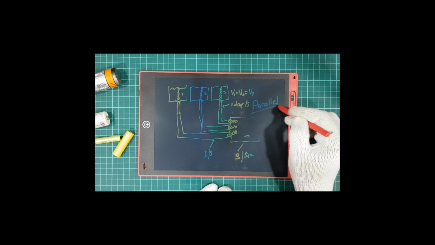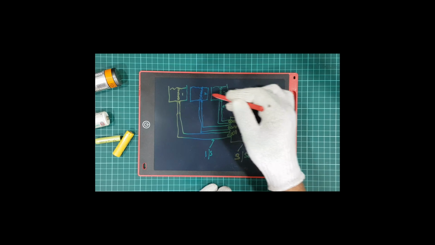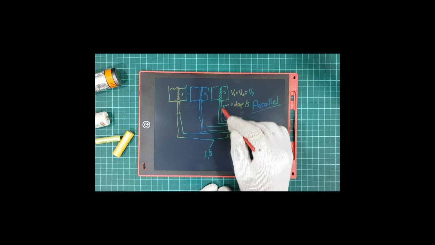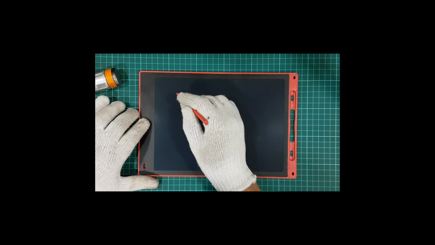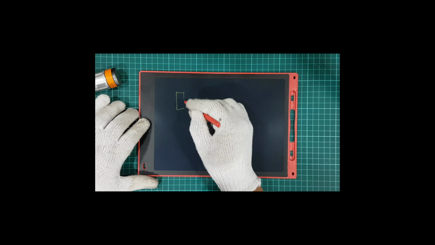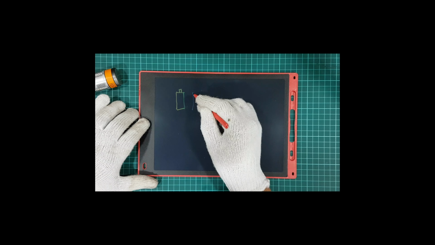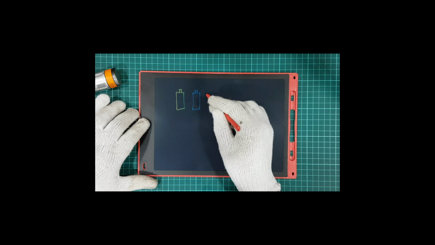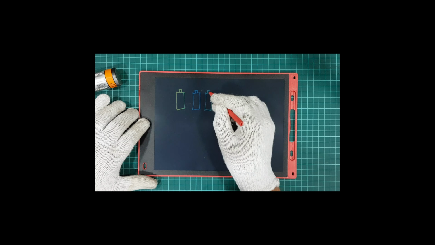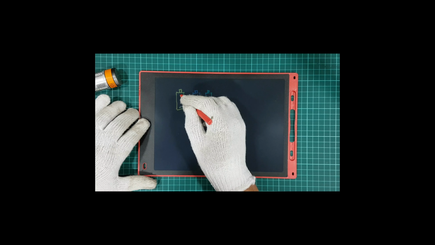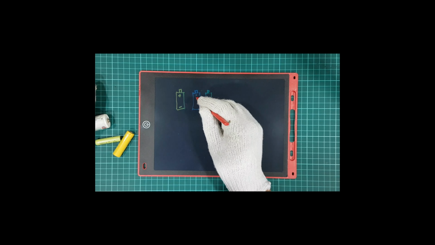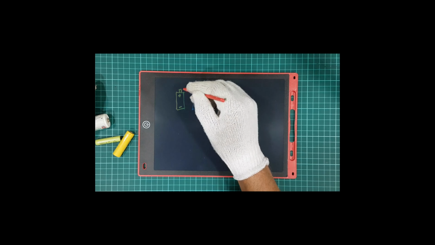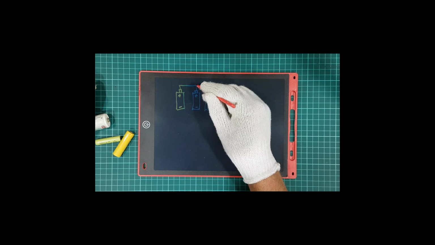So when you connect them in parallel, the voltage stays the same, however the flow gets added together, as you can see here. So if we can replace these with batteries, we will have our battery, our next battery, minus here, plus there, minus here, plus minus, and all the pluses are connected together.